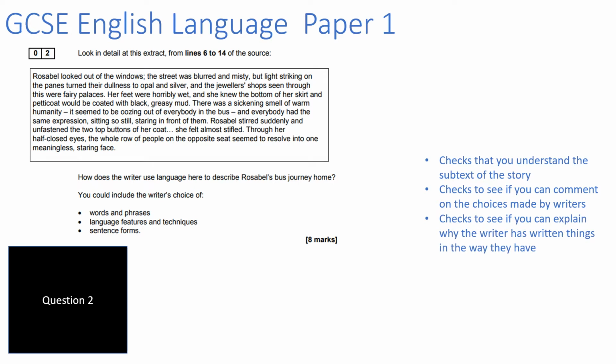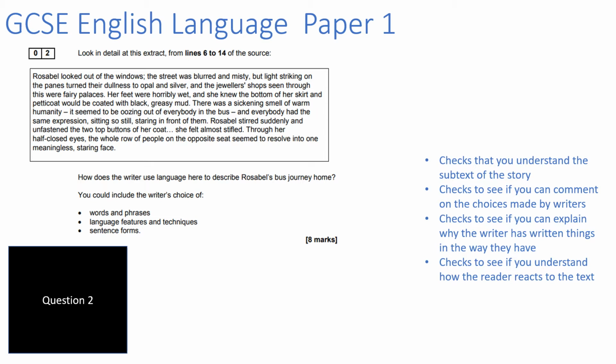And it checks to see if you can explain why the writer has written things in the way they have. And it's also a way for the examiner to check to see that you understand how readers react to this bit. And so there's quite a lot that this question is asking you to go for.